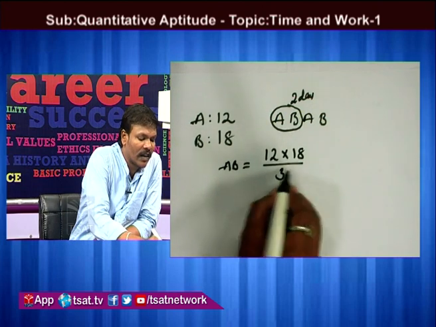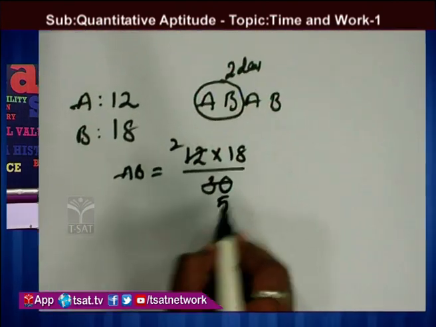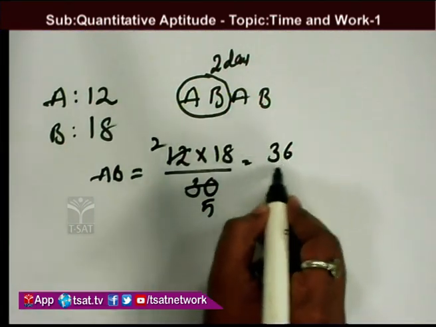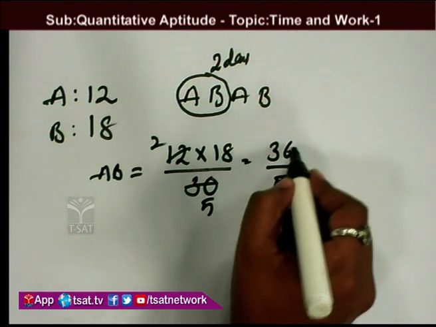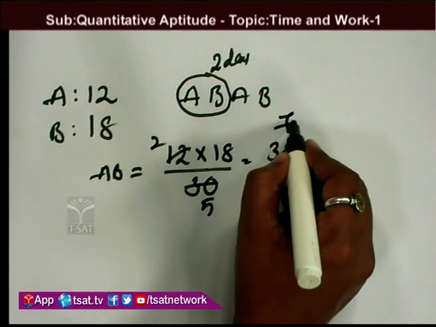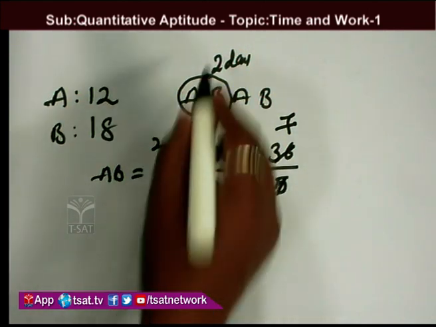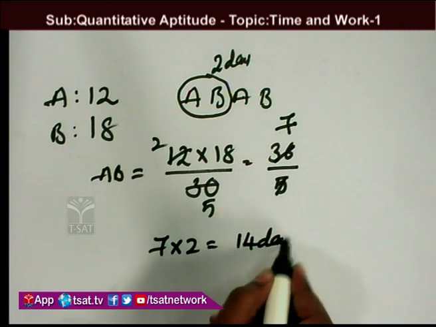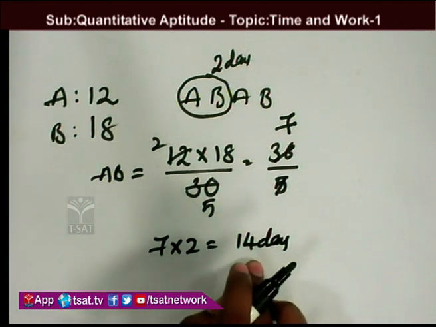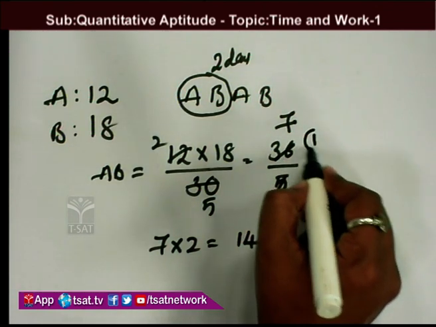Addition is 30, that is 6 2s, 6 5s, 18 2s are 36 by 5. 36 by 5, which means 5 7s are 35. So what we have as the result is 7. Already we discussed the 2 days, so 7 2s are 14 days. But 14 days is not our answer because it was not exactly divisible. We have the remainder as 1.